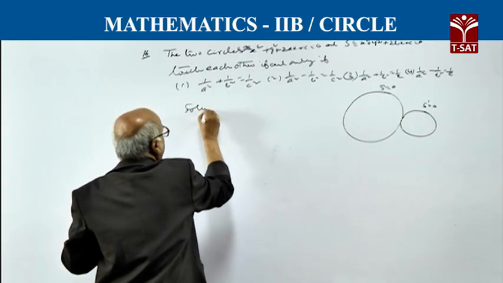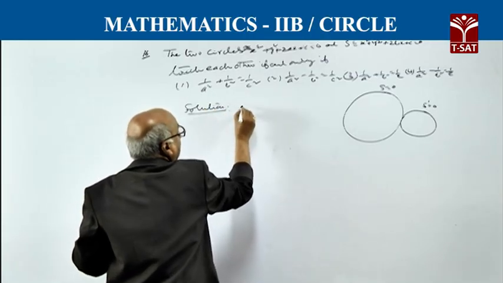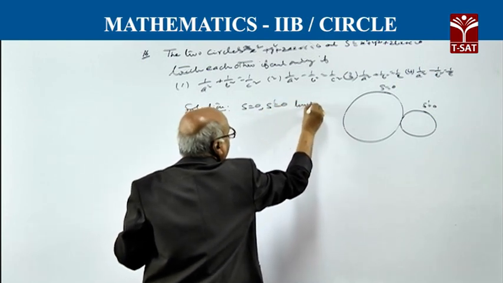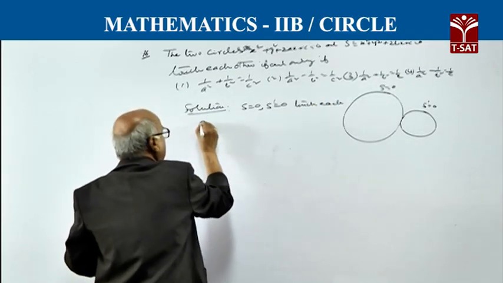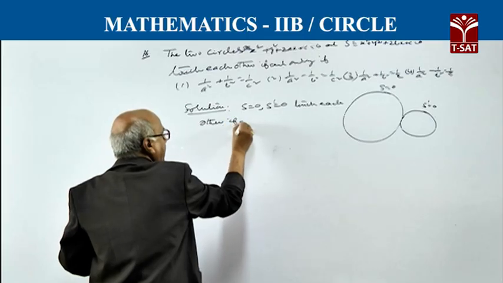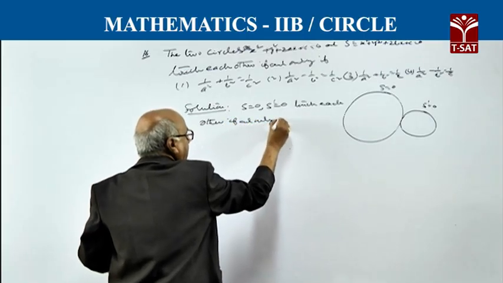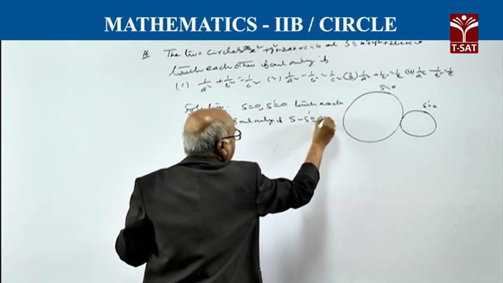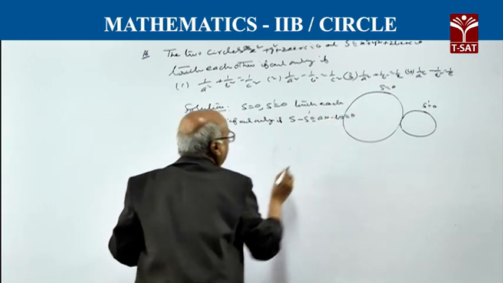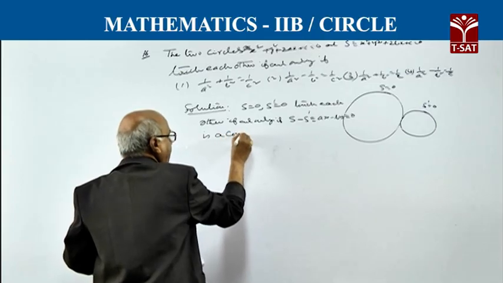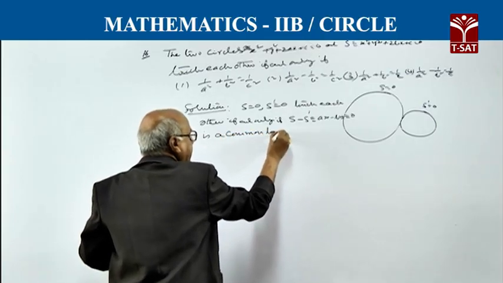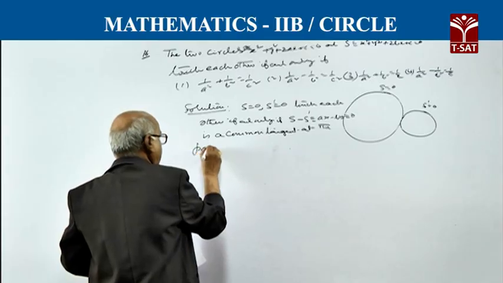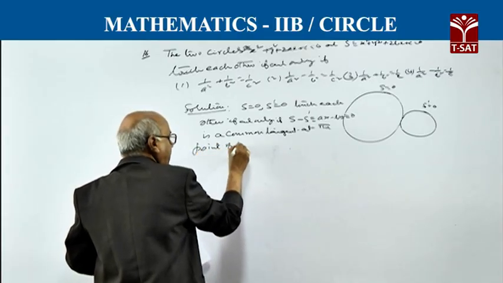So the solution is: the two circles S is equal to 0, S dash is equal to 0 touch each other if and only if S minus S dash, which is ax minus by is equal to 0, is a common tangent at the point of their contact.